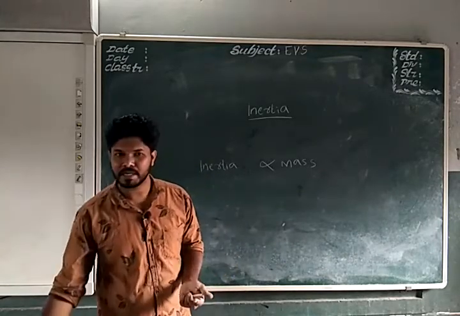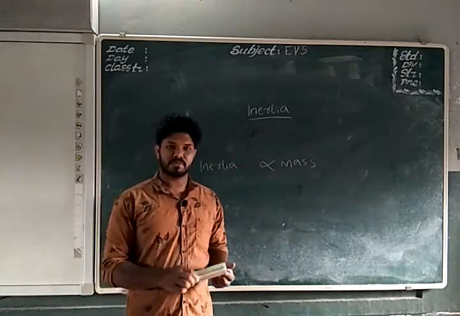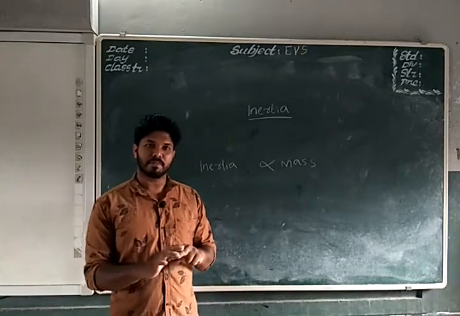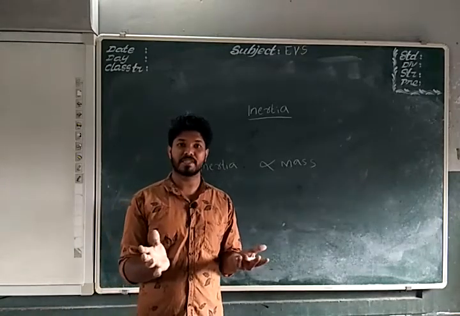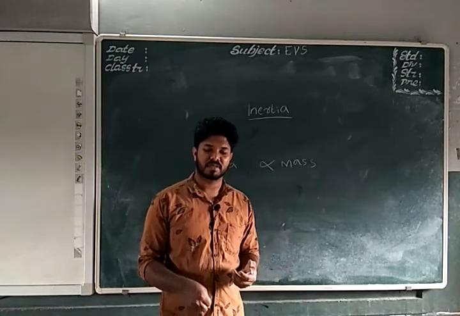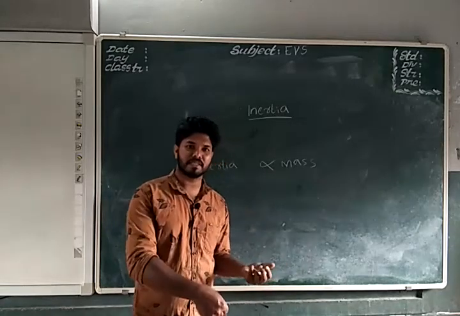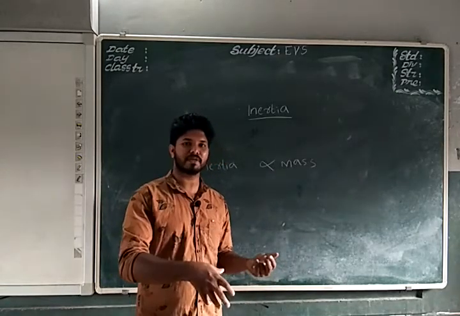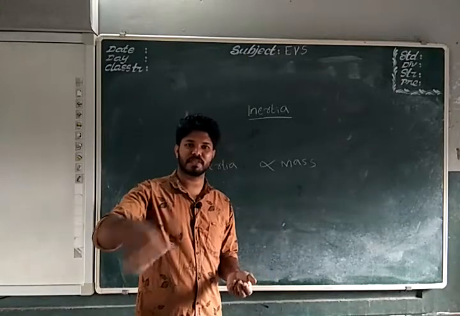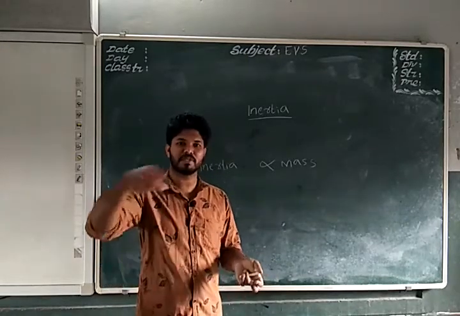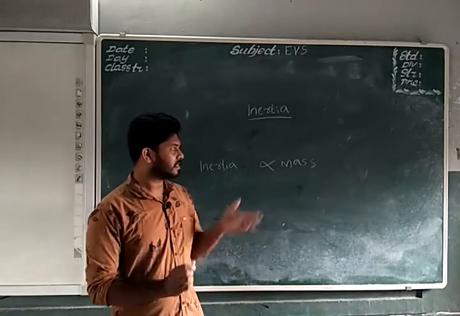Or if I have a big rock or a big substance that is made of iron, the inability of that particular object to move from its position is called inertia.